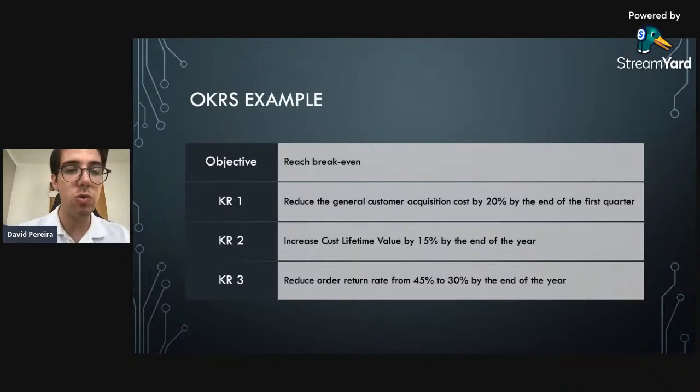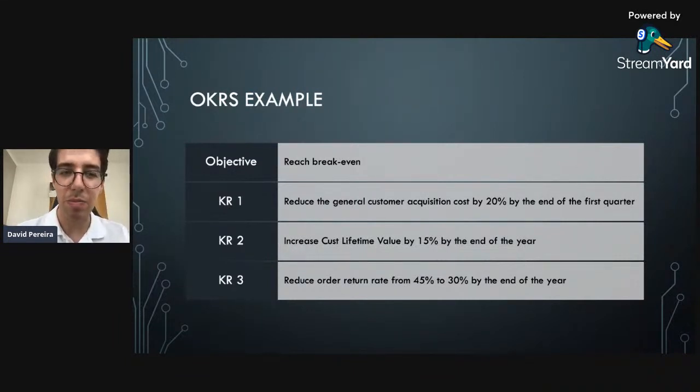But maybe we can do something. Then we agreed we should focus on reaching break even, and then we could evolve the product. To reach break even, we need to reduce our customer acquisition costs by 20% by the end of the quarter. And then the CEO said if we reach that, everything else becomes a secondary priority.